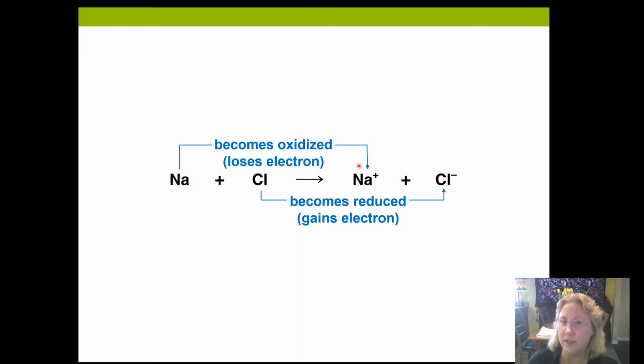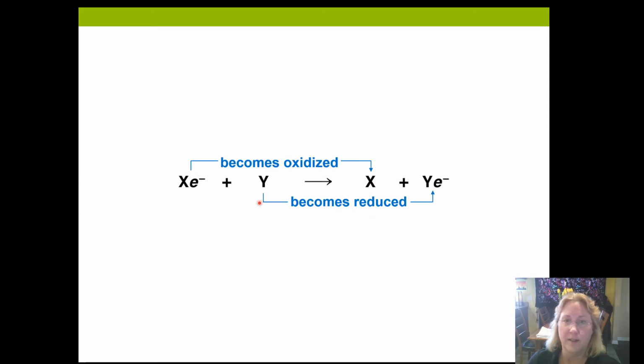So if you can tell one thing that's being oxidized or one thing that's being reduced, that means you can figure out the other one. This is just generalized. Something that's losing an electron, E minus, that's what's being oxidized. Something that's gaining an electron, that's what's being reduced.